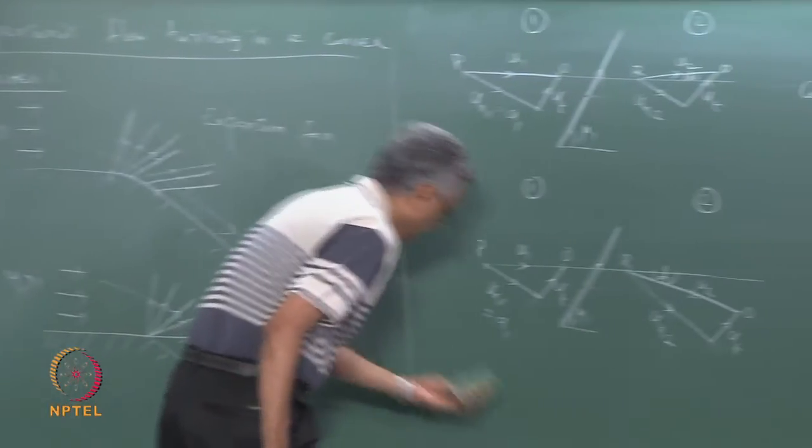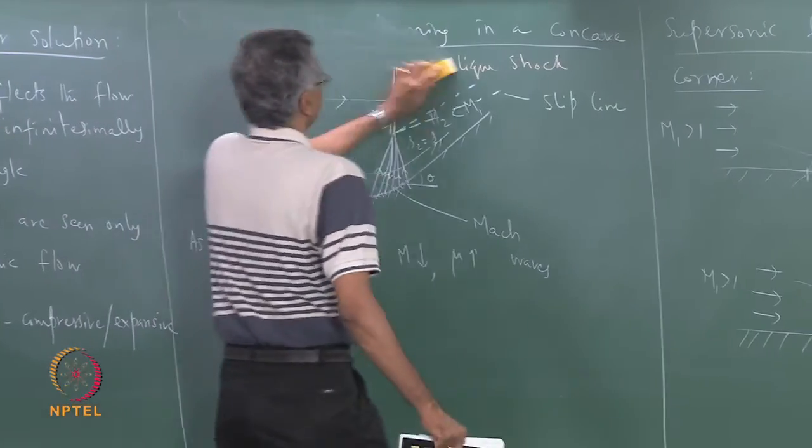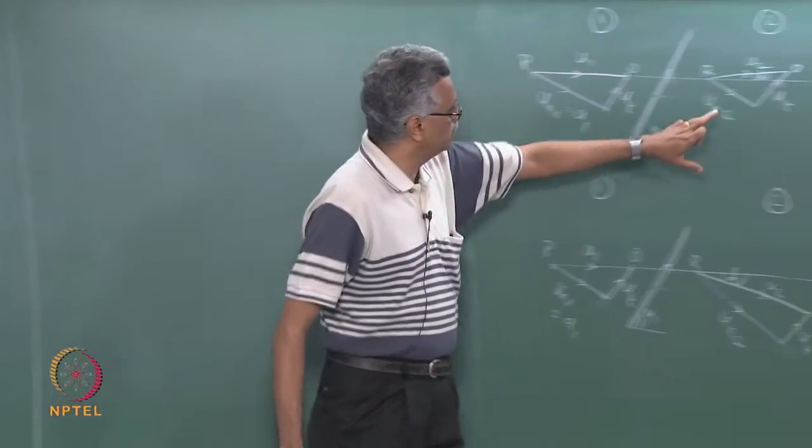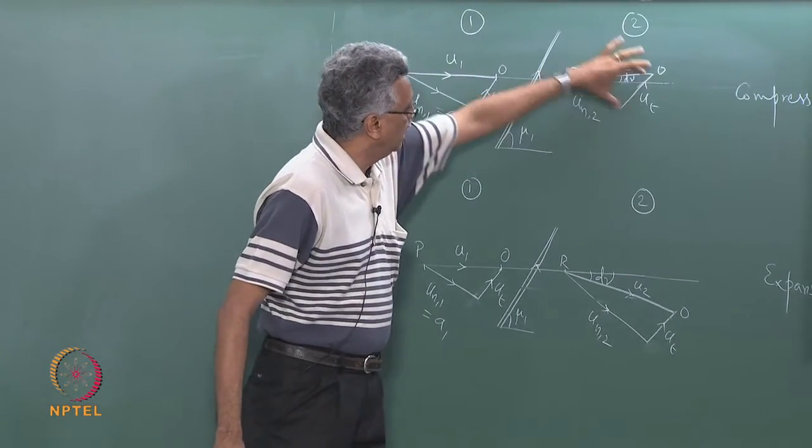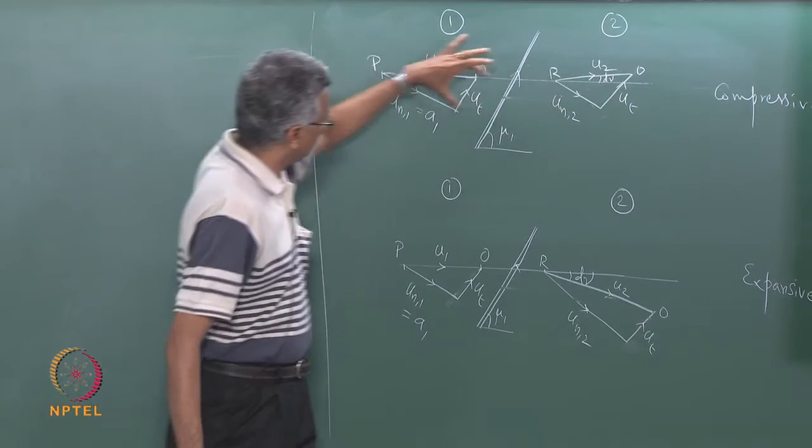Alright, now what we are going to do is combine these velocity triangles. So I am going to take this velocity triangle and notice that this is the same as this.